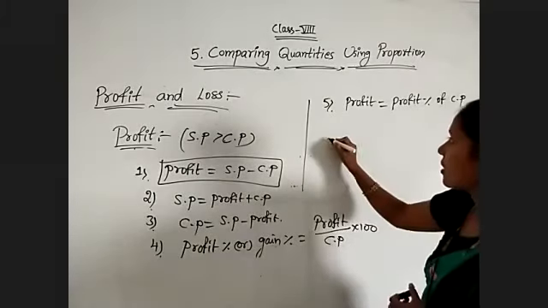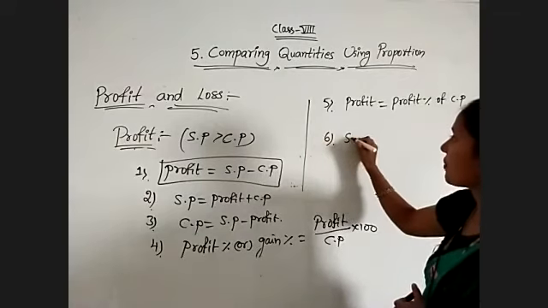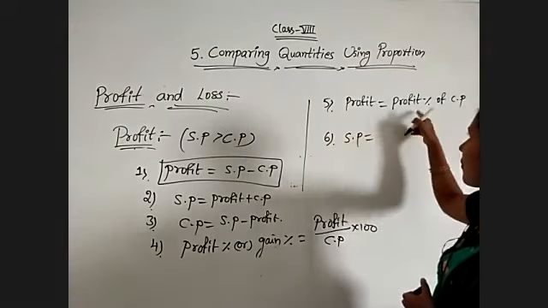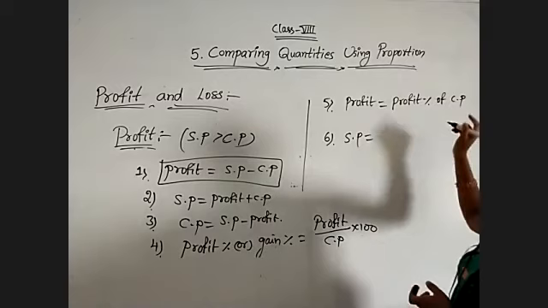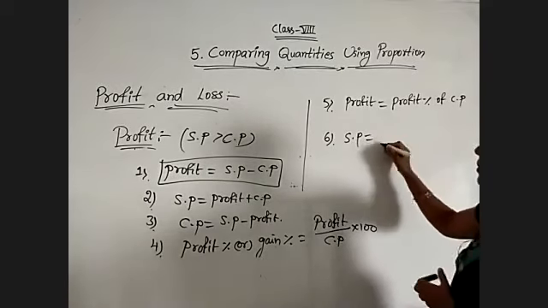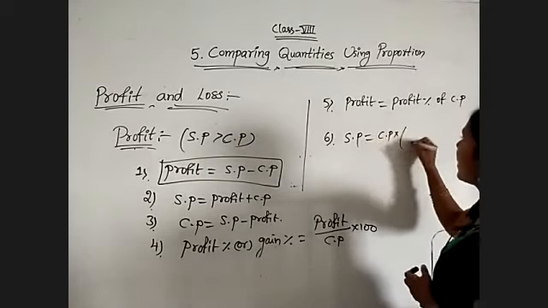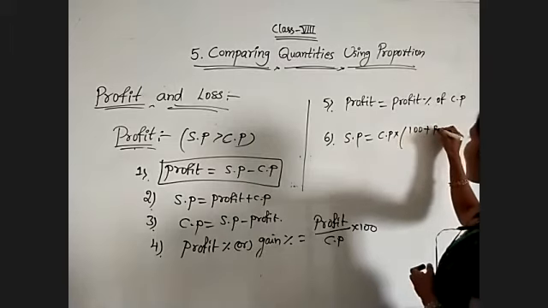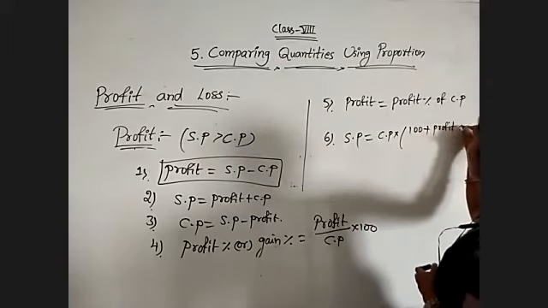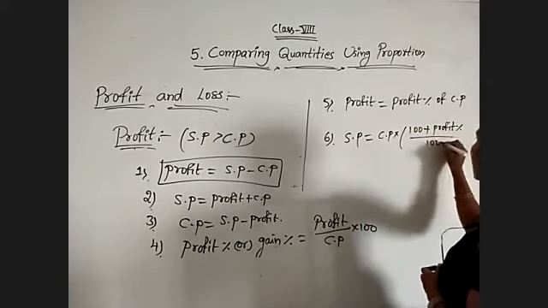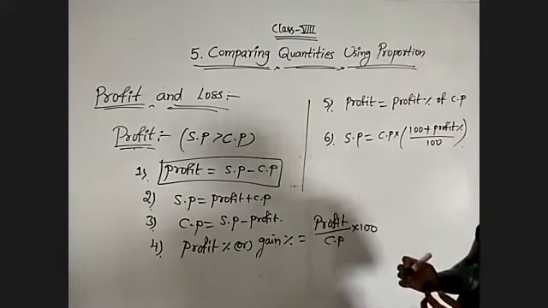And still we have the SP formula in terms of profit percentage and CP. We have the SP formula: CP into 100 plus profit percent by 100.